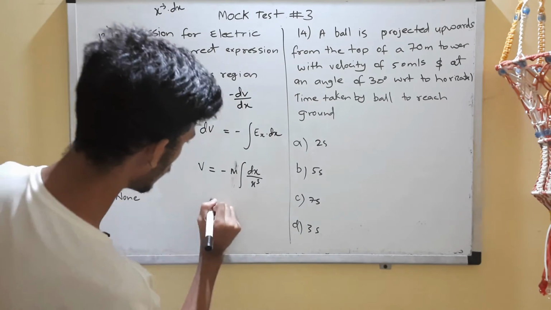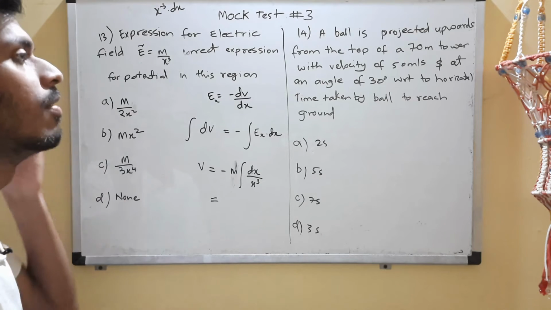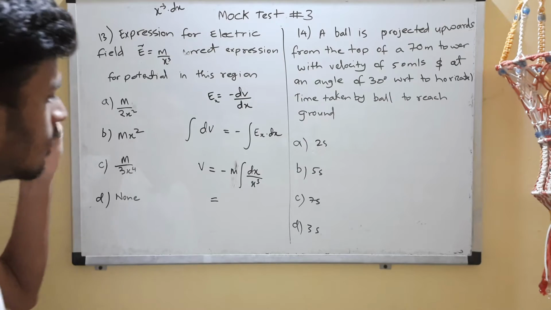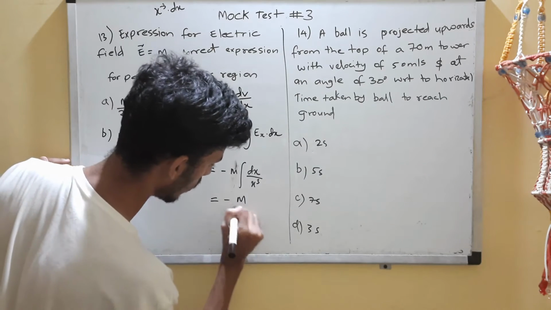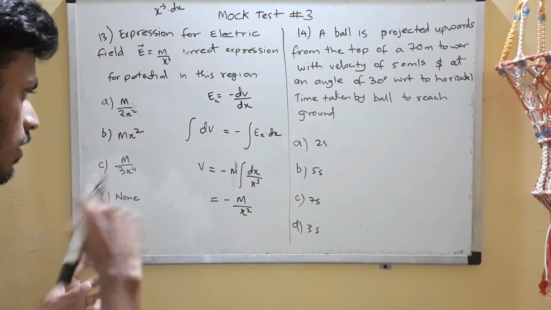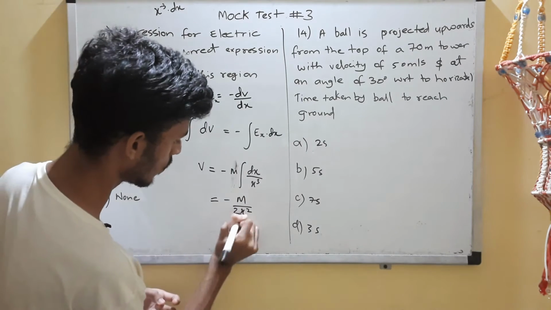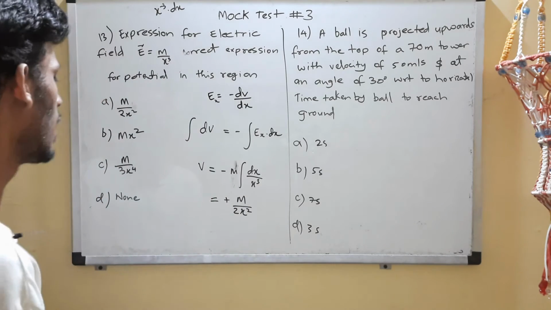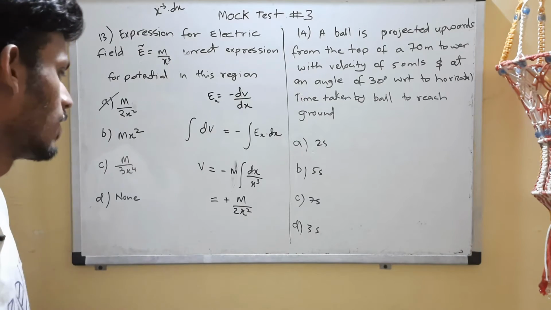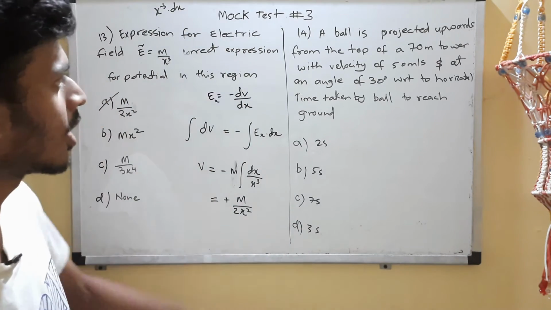So that will give you x to the power n plus 1, that is x to the power minus 2, divided by n plus 1, which is again minus 2, so this will become plus m upon 2x square, okay, which is option A. Simple integration over here, and that gives you your answer.